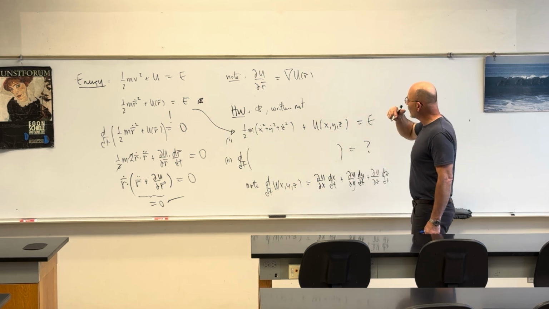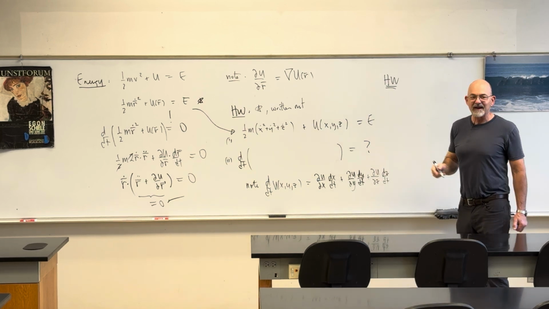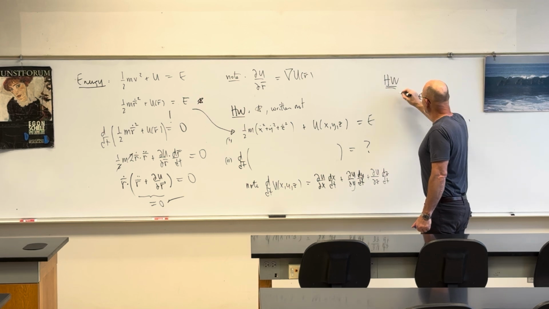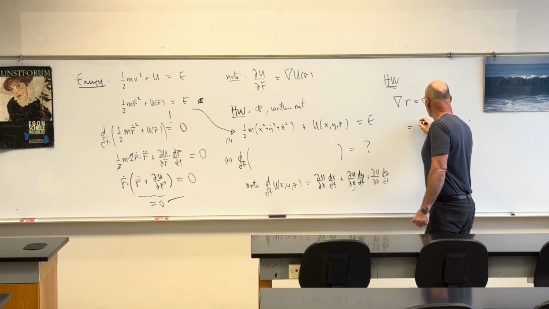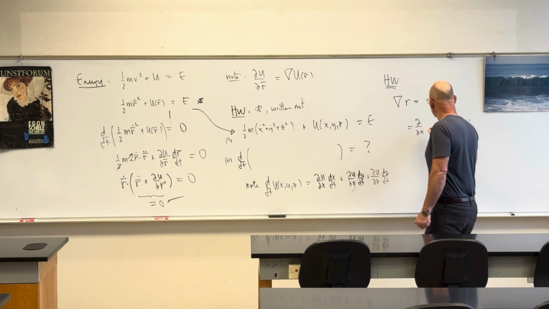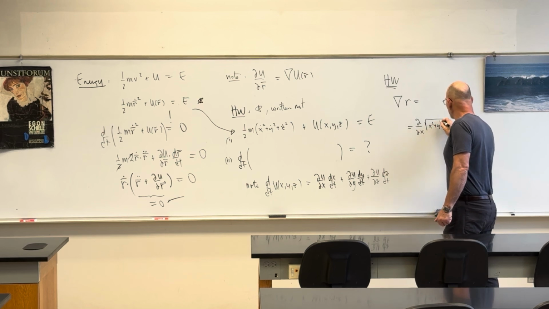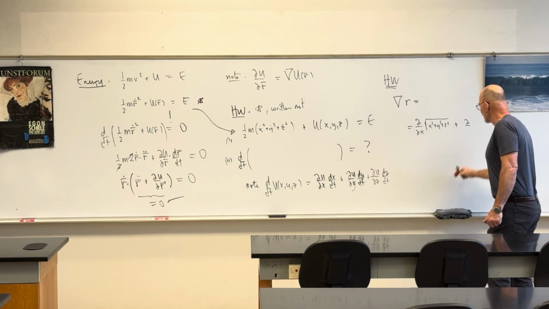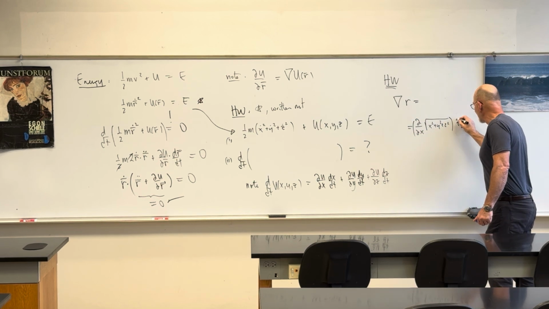The other homework-worthy problem, just to practice, and that refers to what we just had on the board, is if you have the gradient of r, what is that? That's d/dx of root x squared plus y squared plus z squared, plus d/dy, oh sorry, and very important not to mess this up, i hat, right?